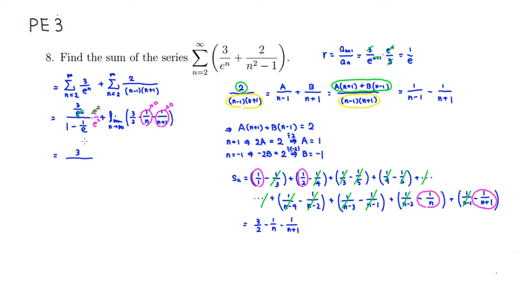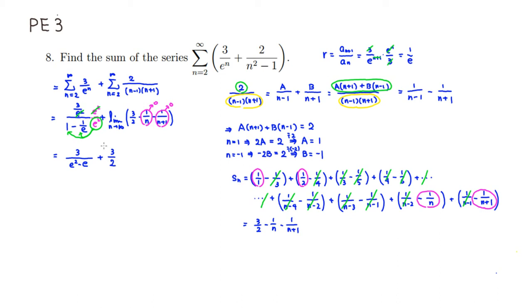Then I'm going to distribute e squared to the first guy, you get e squared. And we distribute e squared to the second guy, we end up getting negative e. And plus, 3 halves is the limit there.